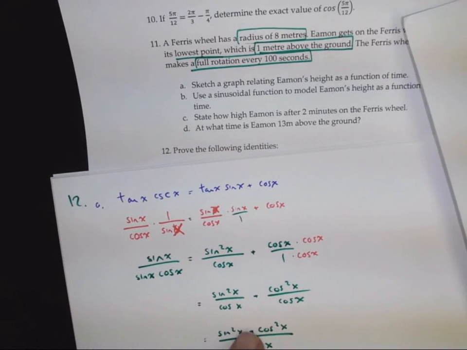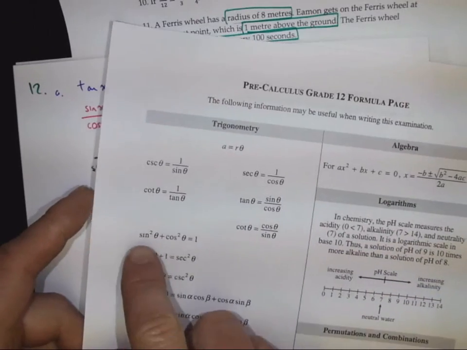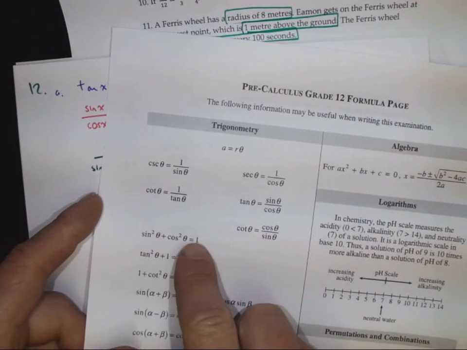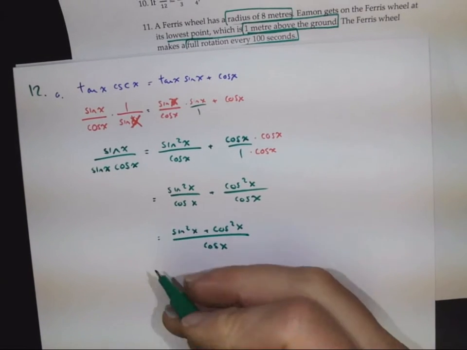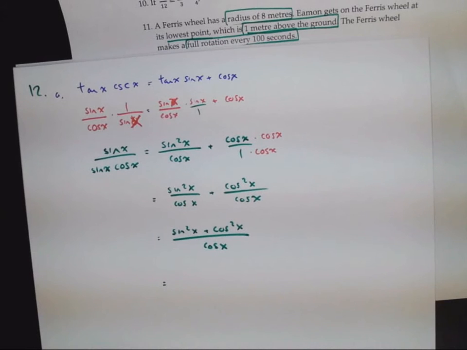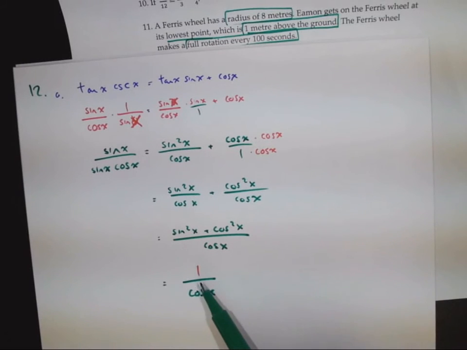And that hopefully sets off some spidey signals for you, because sine squared plus cosine squared is actually just 1. That's our Pythagorean identity. So we're going to write that right in there as a 1 over cosine x. Okay, so that's as simple as I'm likely going to get on the right-hand side.